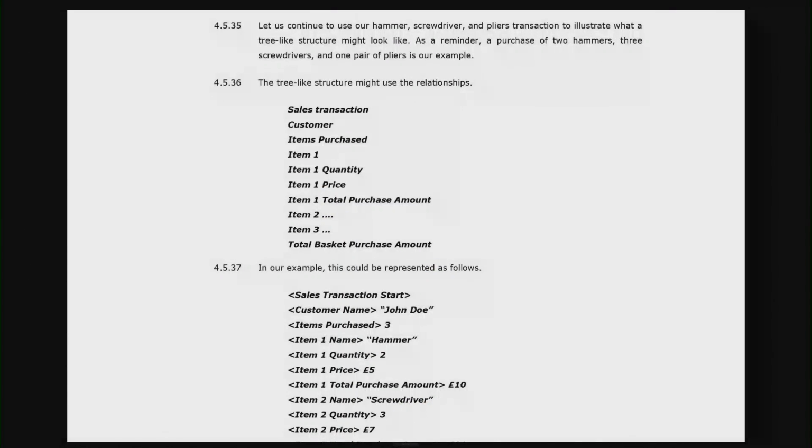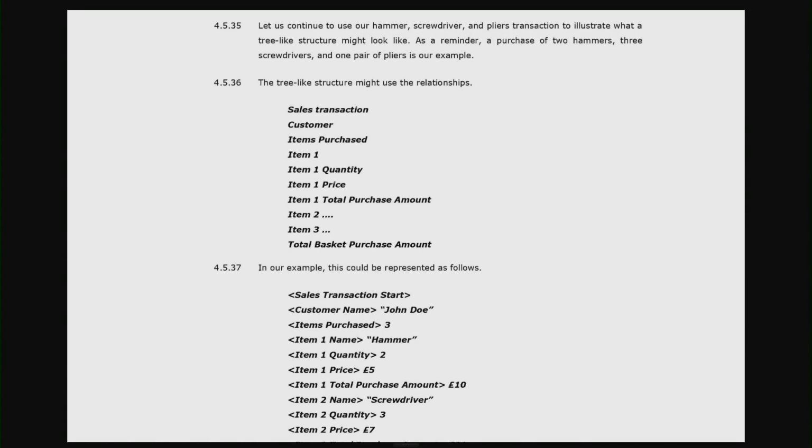Can we see this in action with the hammer, screwdriver, and pliers? Yes. And go on to 4.5.36 over the page. And so, as you remind us, the purchases of 2 hammers, 3 screwdrivers, and 1 pair of pliers. Using attribute grammar, you say the tree-like structure might use the following relationships, yes?